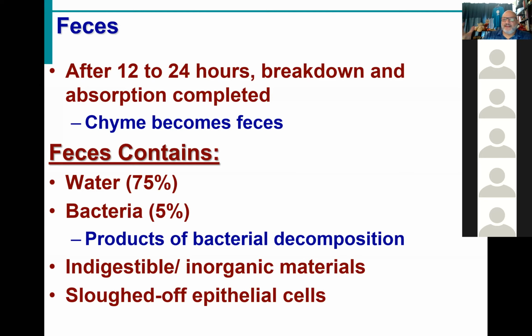So those dead and damaged epithelial cells, whether from being damaged by that sharp tortilla chip or that scalding hot coffee that you took a sip of in the oral cavity or anywhere else along the way, they can be part of it as well. All right, so these are the components that form our feces.